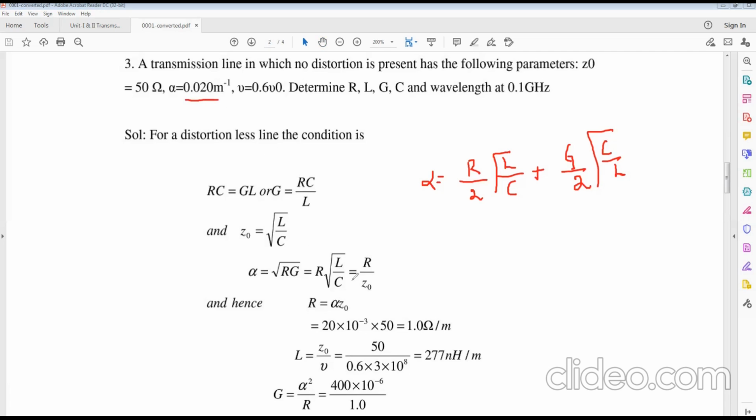Alpha is given and Z0 is also given. To get the resistance is 1.0 ohms per meter.